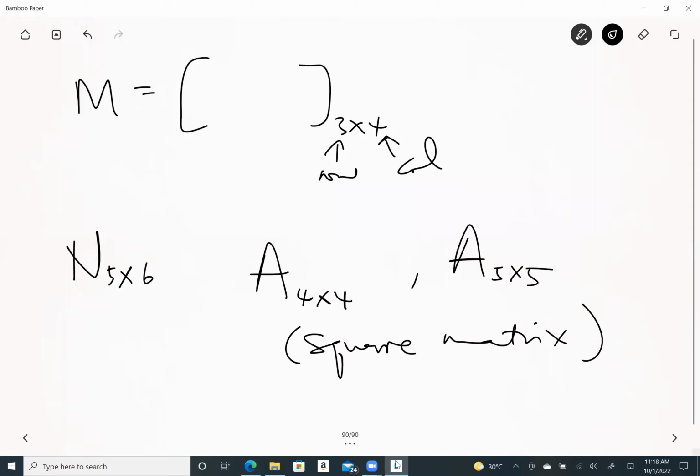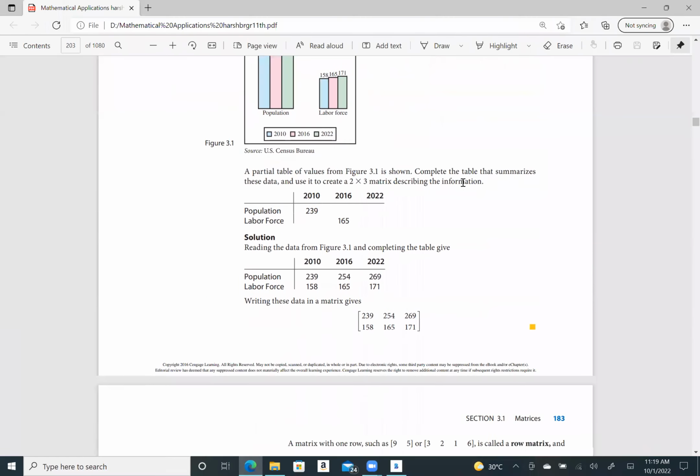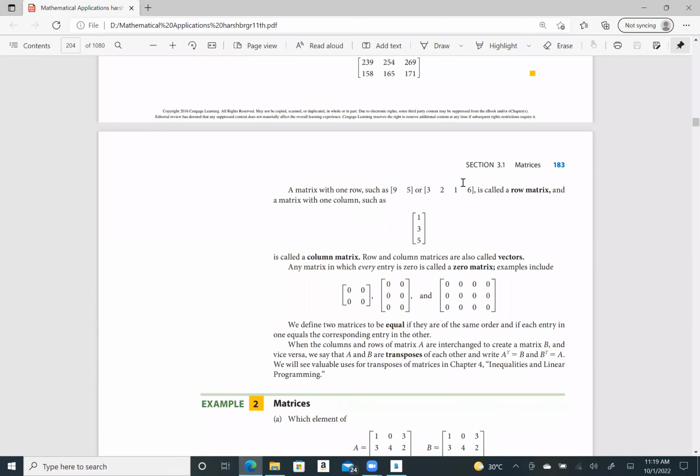So we call it a square matrix. Okay, and as we can see just now, you have a zero matrix, and then I have a column matrix, and I have a row matrix.